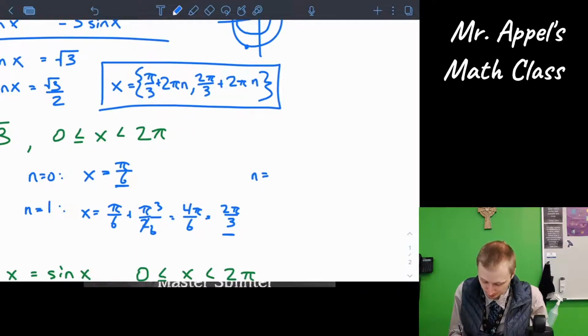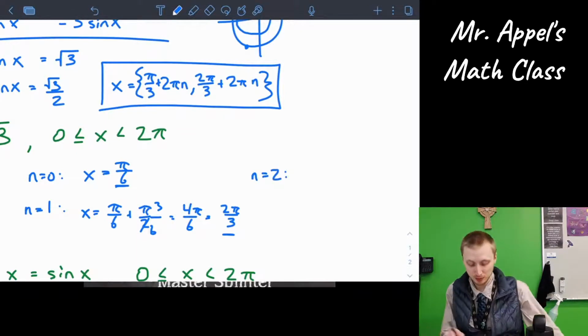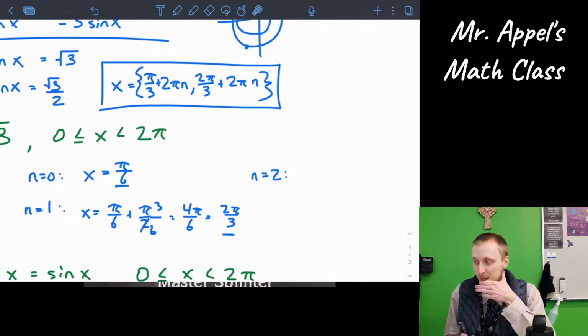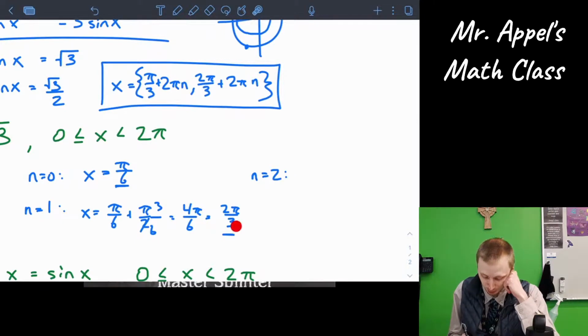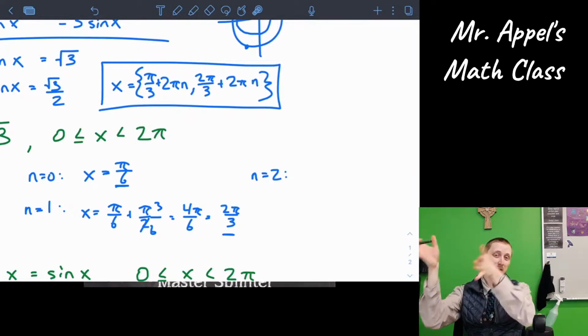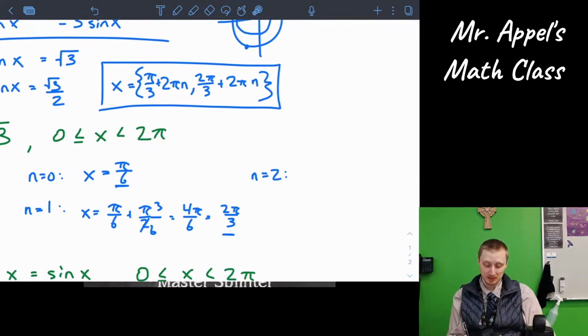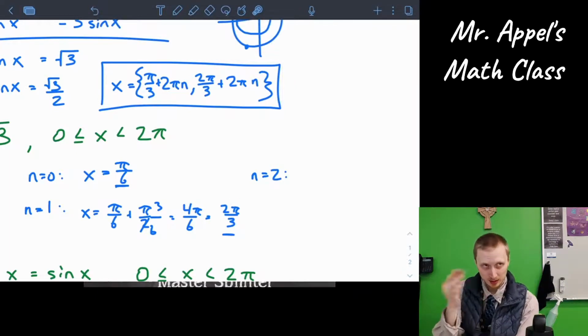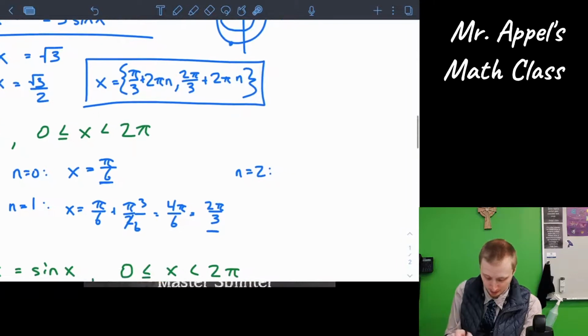What about n equals 2? This is still less than 2 pi. In fact, it's less than 1 pi. I would almost expect the fact that I got 2 answers between 0 and 1 pi leads me to think there's probably 2 more between 1 pi and 2 pi. So let's get those real quick.